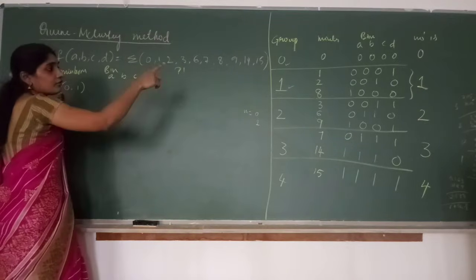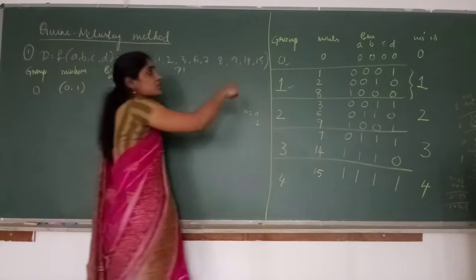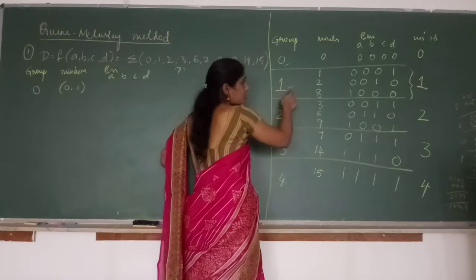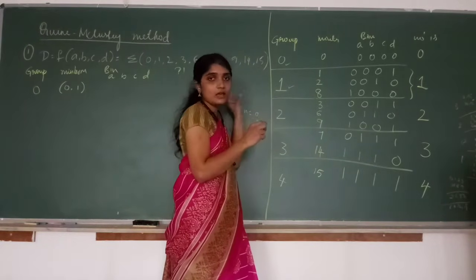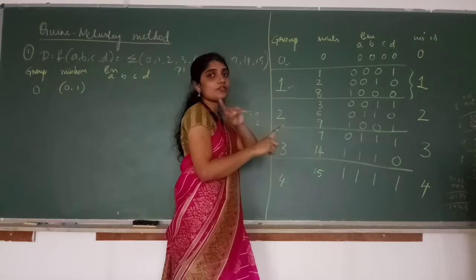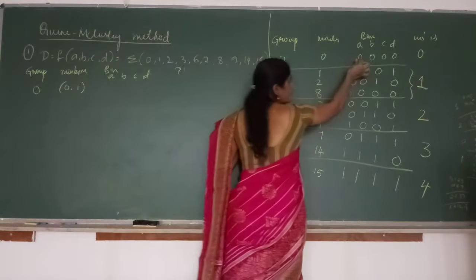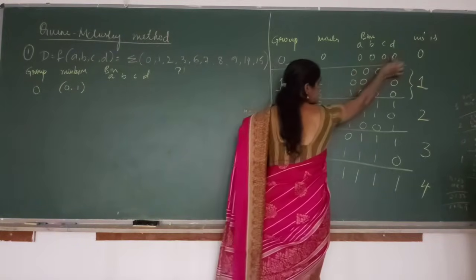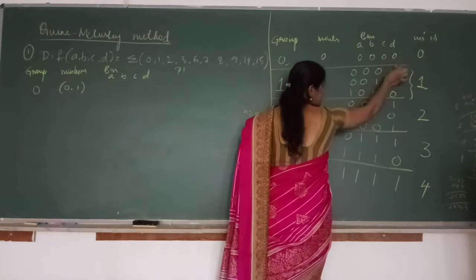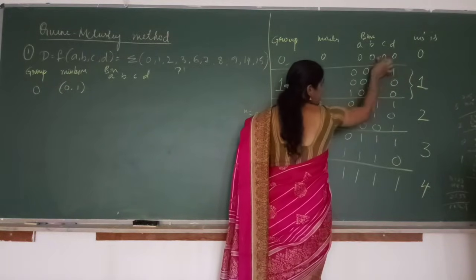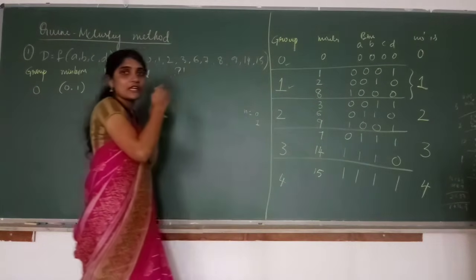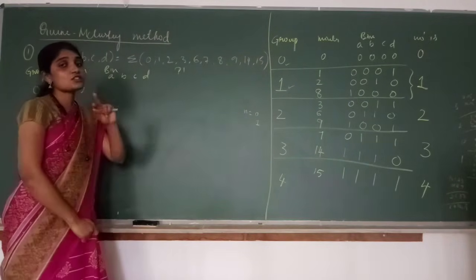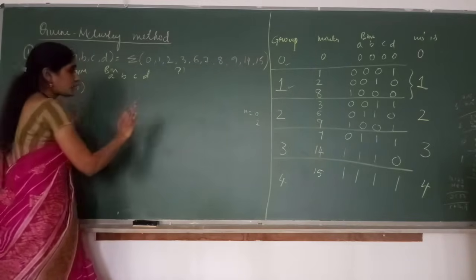And when you compare the min terms present in this group with this group, you have to write that particular group in the next table only if there is a difference of only one position. So when I compare 0 with 1, I can see only D is changed here. Only D is different. Otherwise A, B, C are all the same. So this particular group has to be included in the next table. If there is a two variable difference, no need to write it in the next table.